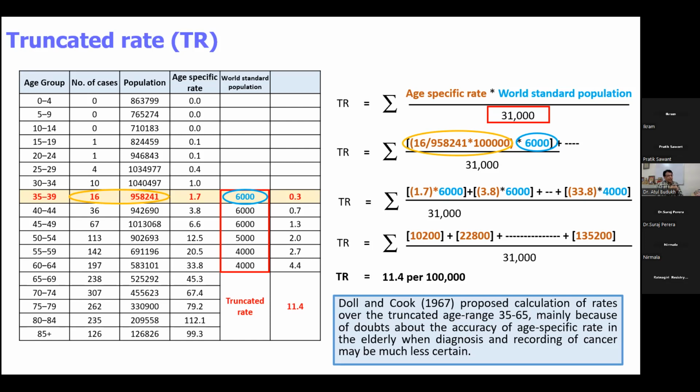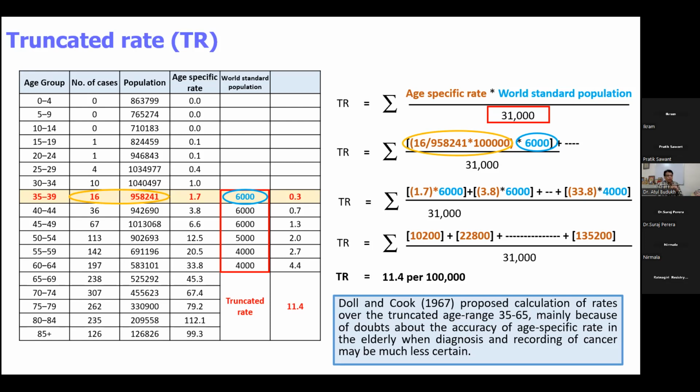What the scientists feel in the low and middle income countries, 65 plus onward cases will not reach the hospital. There will be underdiagnosis. The rate reflection is wrong. So they suggested to have a truncated rate, to know the burden in 35 to 64.